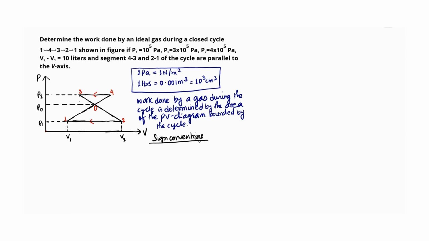We follow this sign convention: if the loop is traced clockwise, that is, we are moving in the closed loop in clockwise direction, then work done is taken positive.